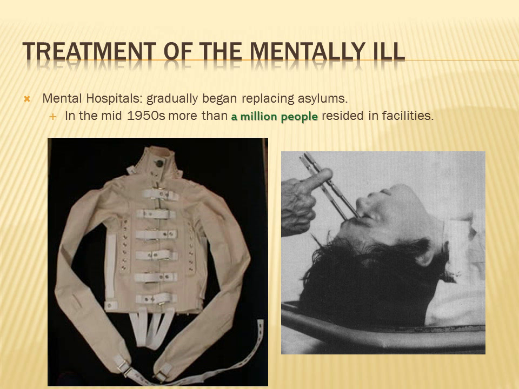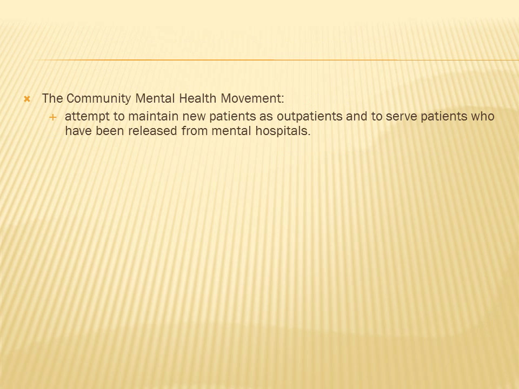In the 1960s, the population became aware of human rights more than they had beforehand. And what was going on in these hospitals, people were not getting better, and they were being abused and sometimes getting worse. There became a movement to move the people out of these hospitals and have them treated in community mental health facilities.